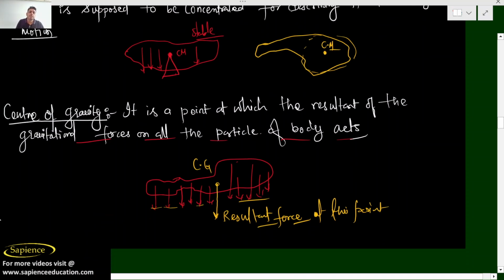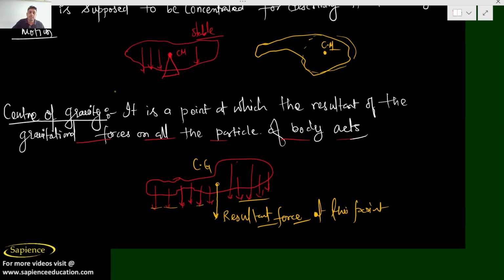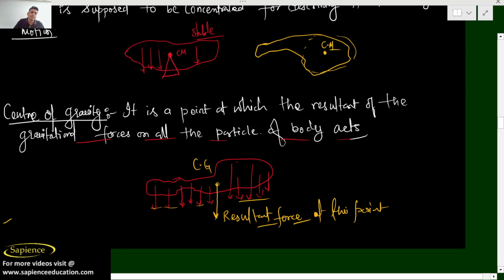So you may think that it is not possible everywhere. Most of the time the gravitational force will be the same. But suppose there is a mountain. The gravitational force is more at the bottom but less at the top. Why?